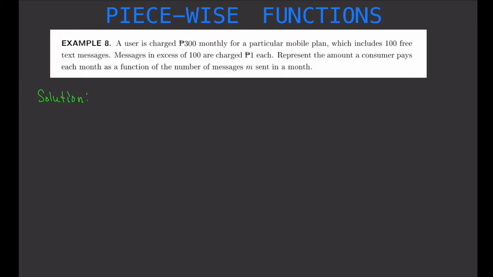So M is our messages, the number of messages sent in a month. Now, as I've said earlier, piecewise functions behave differently, and here we can actually see one domain in which the function behaves one way, and in another domain the function behaves differently.